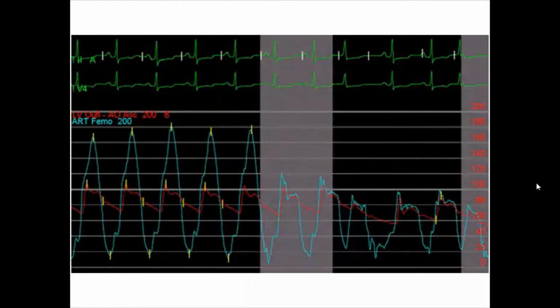So what happened to the LV catheter? I have two catheters, one in the aorta and another catheter in the LV. What happened to the catheter in the LV? There are two gradients, between the LV and the aorta and between the LV.